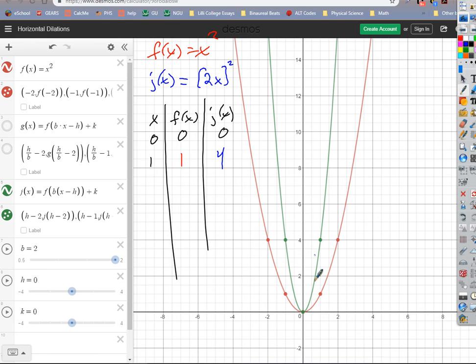But in j of x, we've messed with the machine a little bit, right? We're multiplying all of our inputs by 2 before they get squared, right? So when we're inputting a 1, the function machine is actually, it's just hungry. It doesn't care where the numbers come from. It's just going to process those numbers, right? So we input a 1, it actually sees a 2, and that's what gets squared, so it outputs a 4, right?